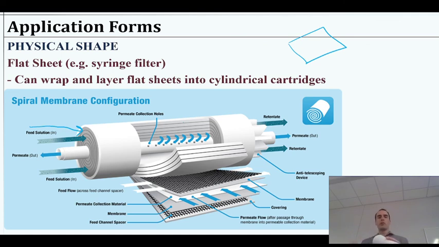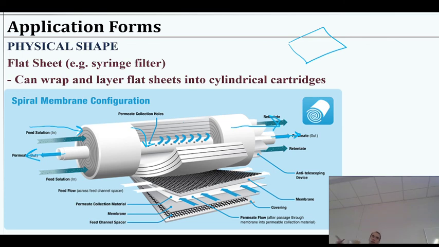Once it passes through, it can't get back because of the way we plumbed it, and it can only go through until it is collected inside this tube, and then we have the permeate coming out here. If this tube goes all the way through, we could also collect the permeate here, as we see. Whereas the retentate, kept separate from that permeate, still is going to be coming out from between the sheets of membrane, just out the other side.